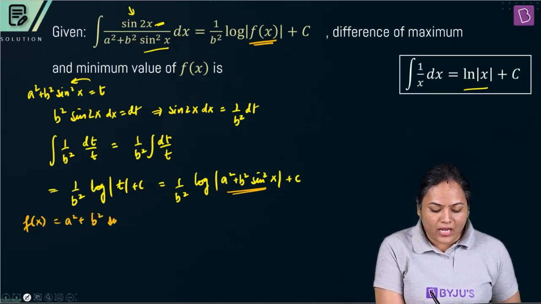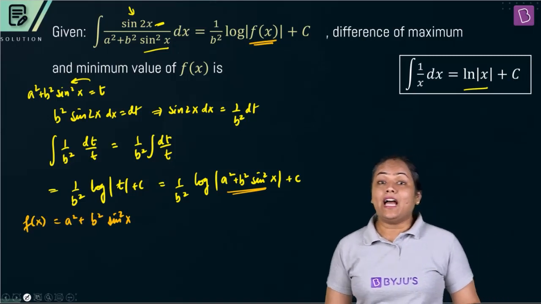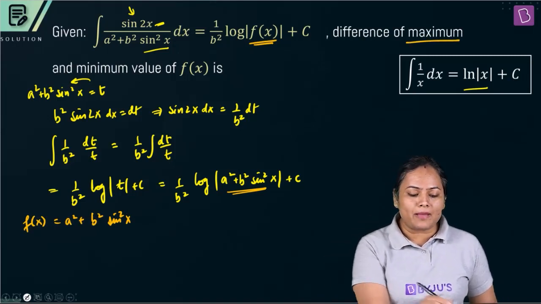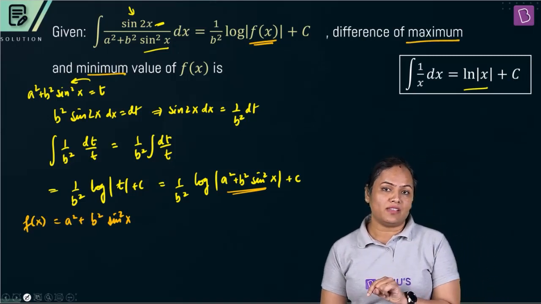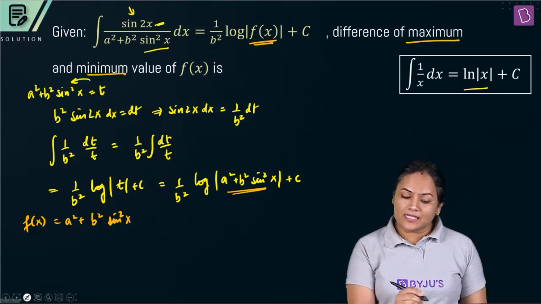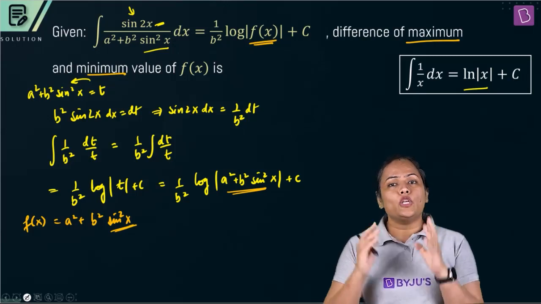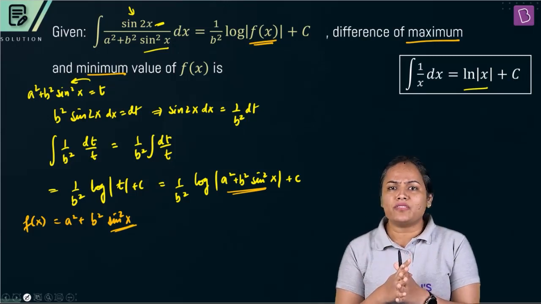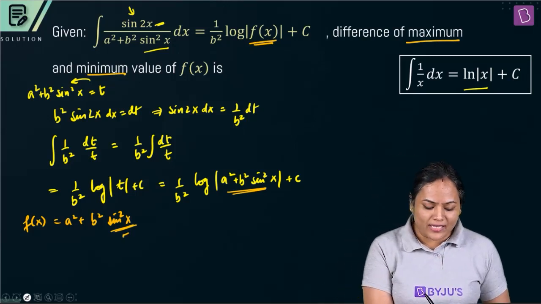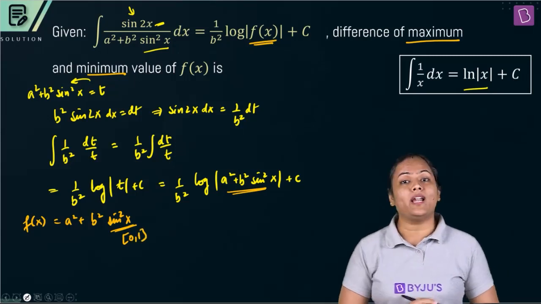Now what have they asked in the question? They have asked the difference between the maximum and minimum value of this fx. And since I have sine square x involved here, you know the maximum and minimum value of sine square x. Its range lies between 0 to 1.